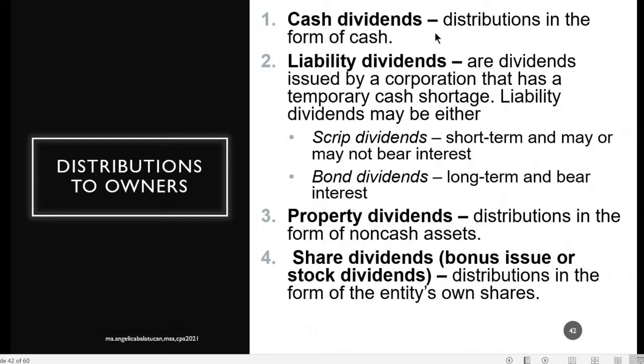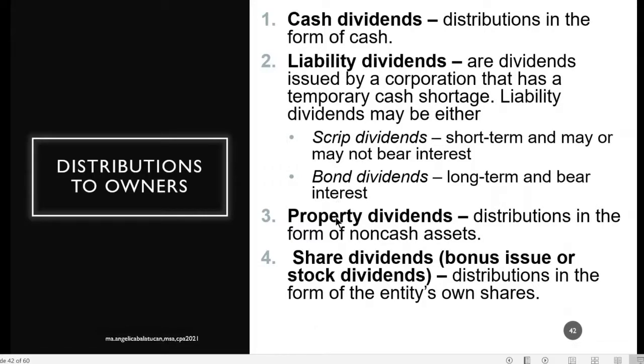So cash dividends are distributions in the form of cash, and liability dividends are dividends issued by a corporation that has a temporary cash shortage, and it can either be a scrip dividend, which is short term, and bond dividends, which would be long term. But this is uncommon nga form of dividends. Ang common is kaning cash dividend.